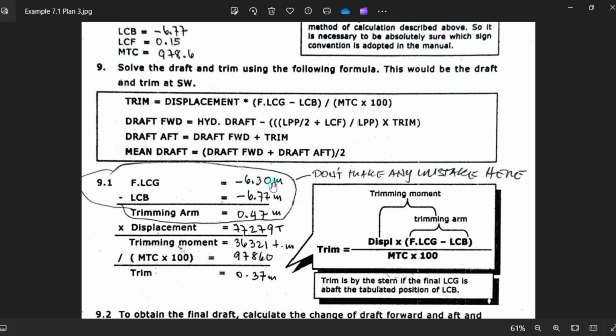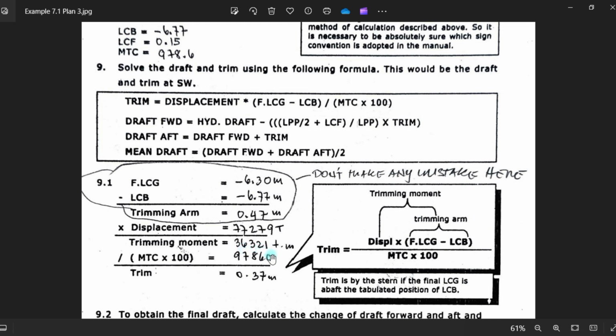Okay, so you deduct this one, negative 6.77 minus negative 6.30 equals 0.47. So your trim arm will be 0.47 by the stern. Okay, so since you have now the trimming arm, you multiply it by your displacement of 77279. Multiply this one, your trimming moment will be 36321.